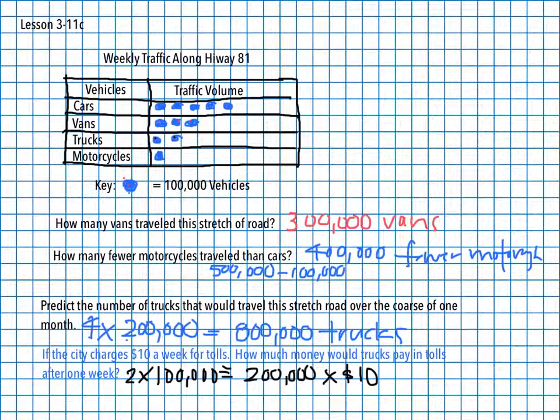If we multiply that by $10, basically all we're going to do is add another 0. We are going to get $2 million. So if the city were to charge each truck $10 for using the road, the city could earn $2 million a week. Not bad, huh? I think that would be a good fundraiser.